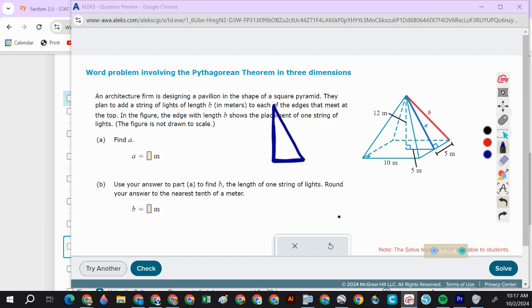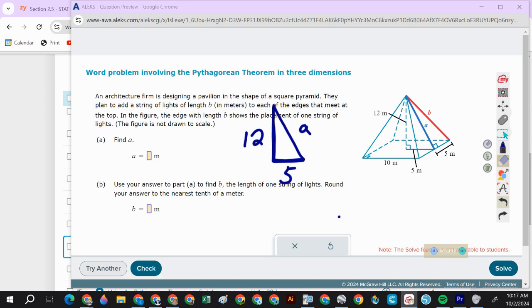What do I know about that triangle? Do I know any lengths? 12 is A or B, right? It's one of the legs. So this side is 12. And I know that the other leg is a 5. And then this is called A, but it's not the A from the A squared plus B squared equals C squared. It was just the name that they gave to that side.